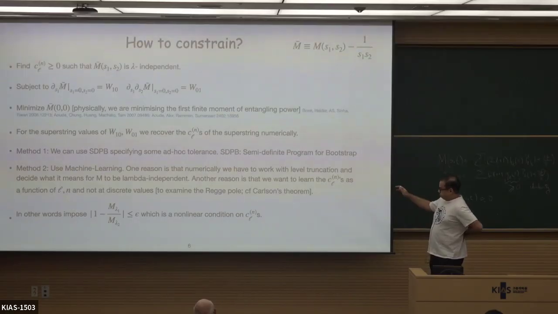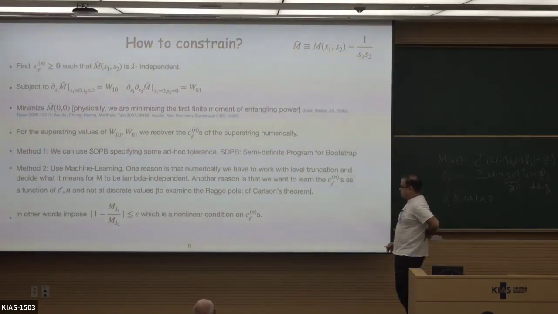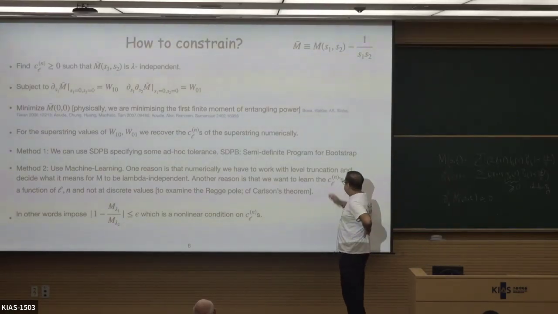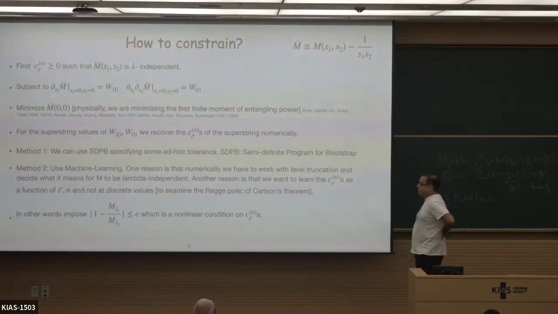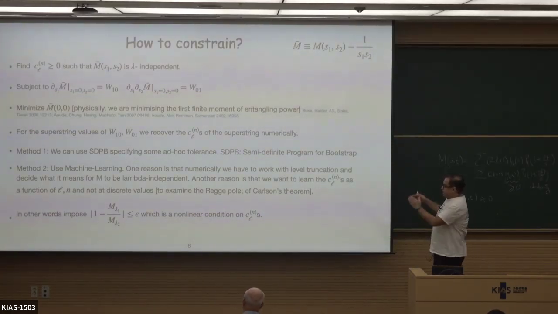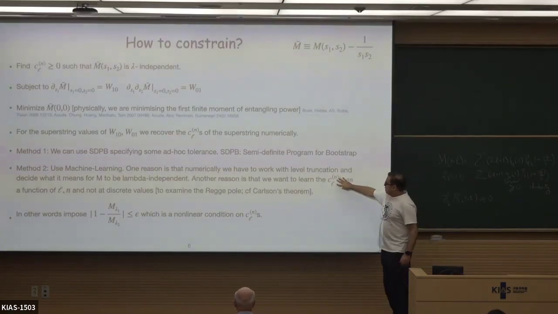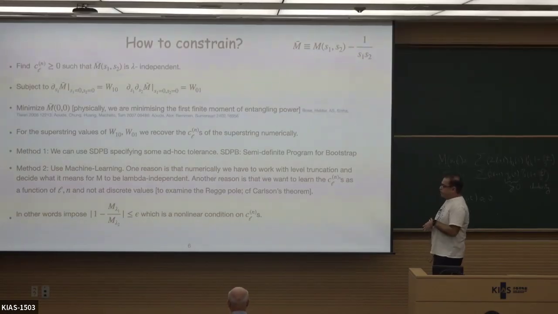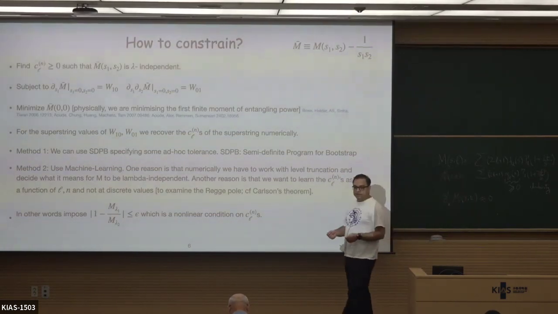And of course, the other reason, the physics reason, is that we want to learn these C_NL as a function of L and N. Right now these have an existence when L is an integer and N is an integer, but we want to learn it as a function of L and N. The reason is that we want to investigate questions like where is the Regge pole?